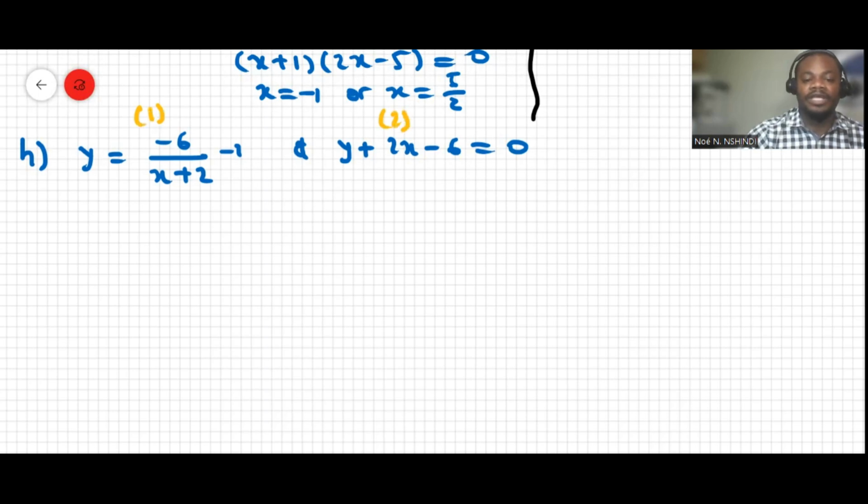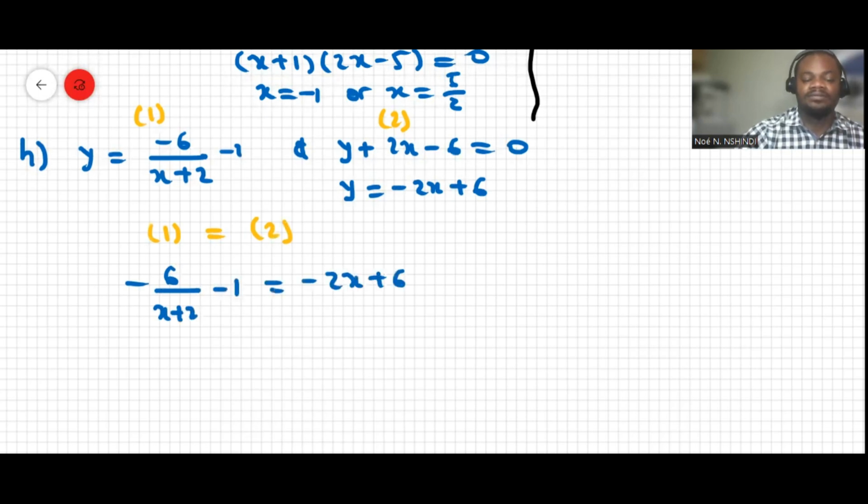We can move everything except y, to make y the subject of the formula. That makes -2x plus 6. And then we can do equation 1 equal to equation 2, because they're both expressed in terms of y. So -6 over x plus 2 minus 1 equal to -2x plus 6.